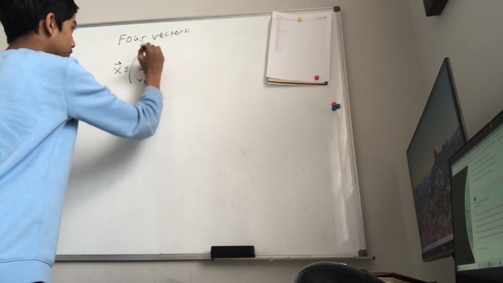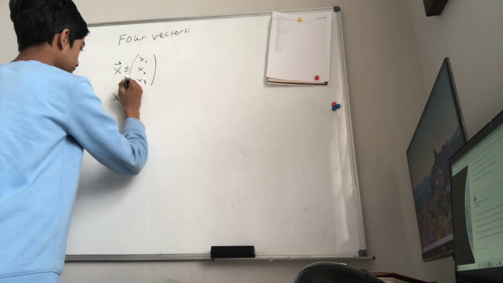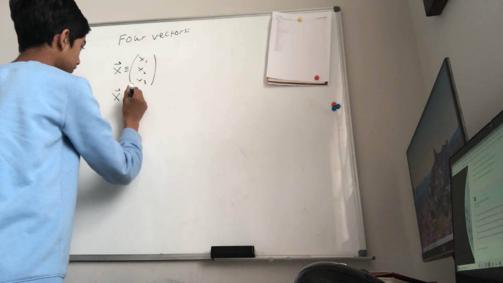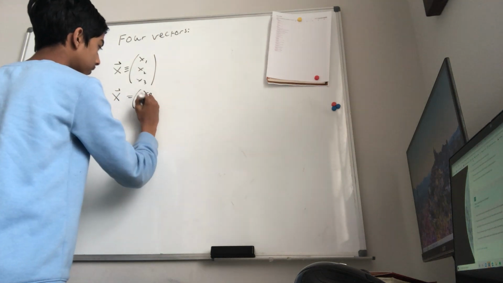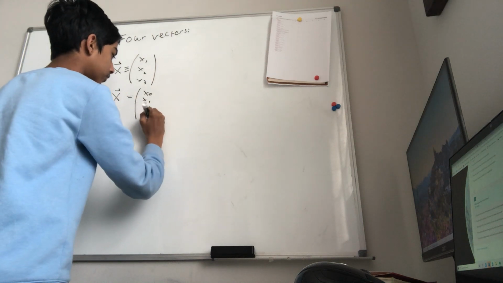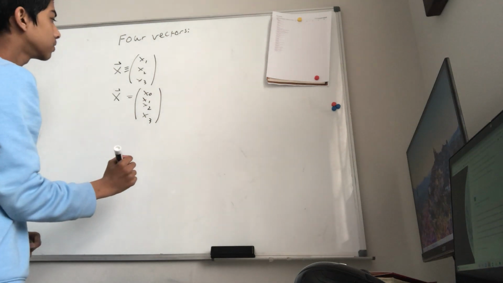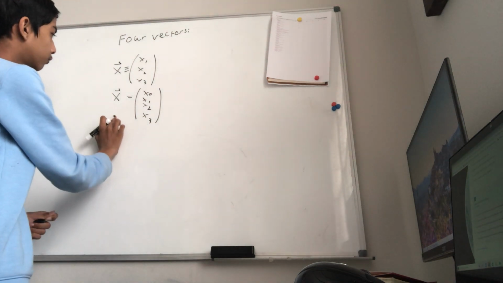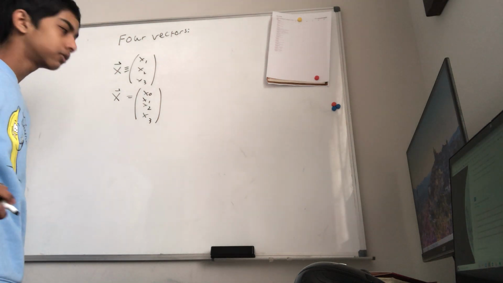Of course, this is x, y, and z. Whereas with four vectors, let's call it x, which is equal to x0, x1, x2, x3. So as you notice, the main difference is that this vector has 4 dimensions and this one has 3.